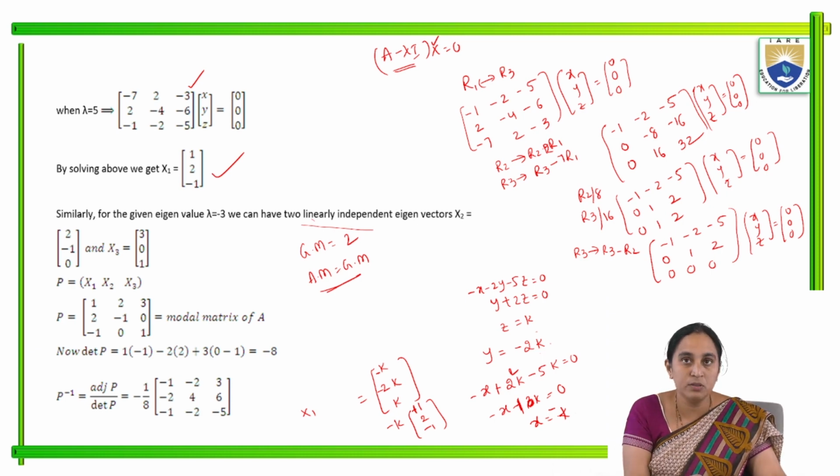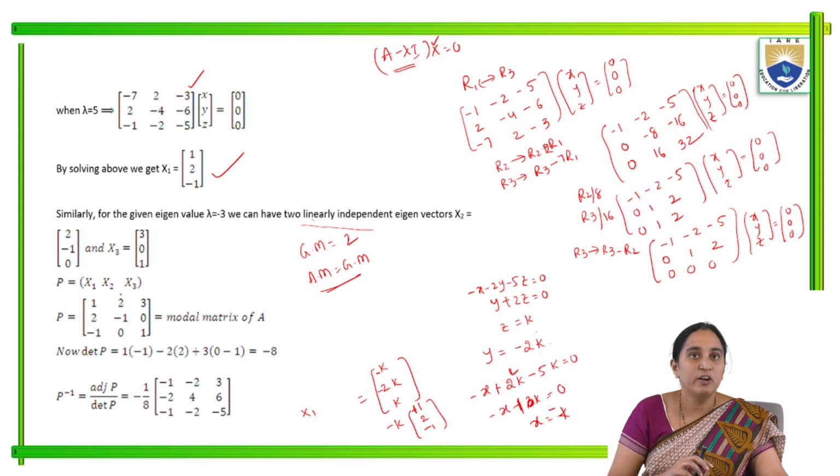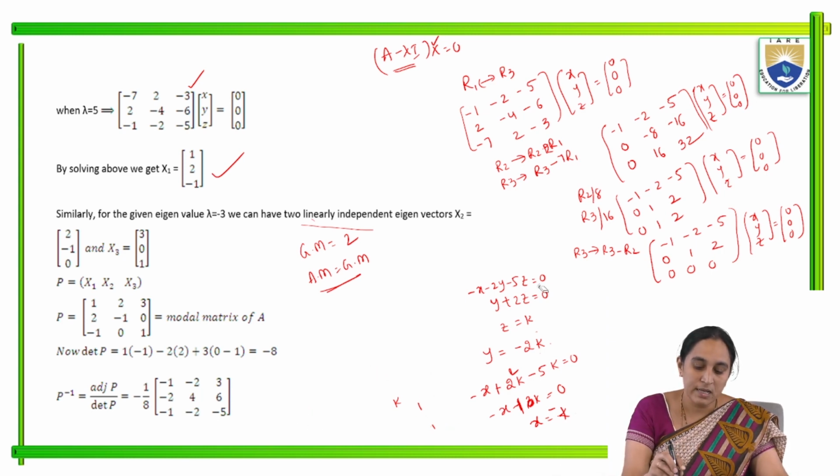After that, write the corresponding eigenvectors as P is equal to x1, x2, x3 as one modal matrix form.